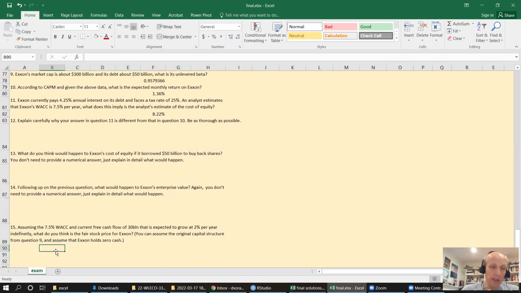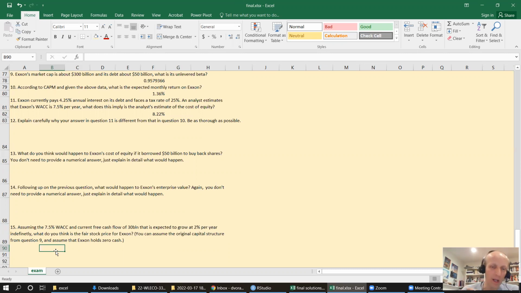Speaking of market value, let's calculate the market value of Exxon, given some assumptions about its cash flow and growth. We're assuming that we're going to be discounting at the 7.5%. There's a free cash flow this year of 30 billion.